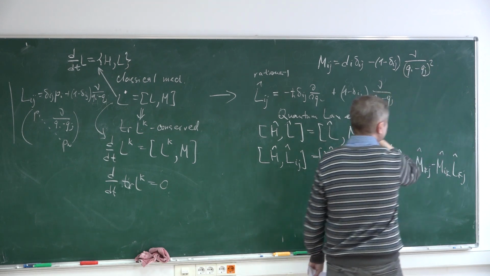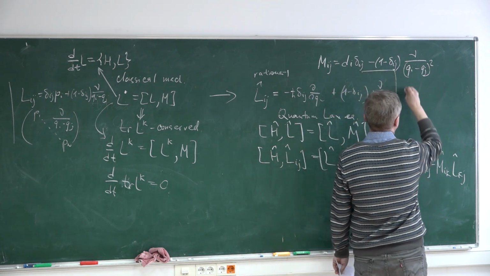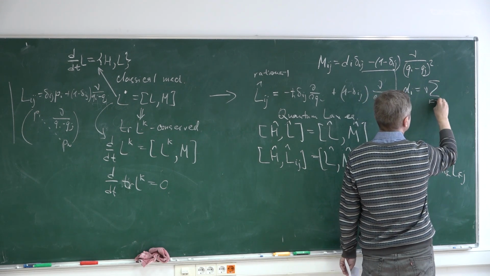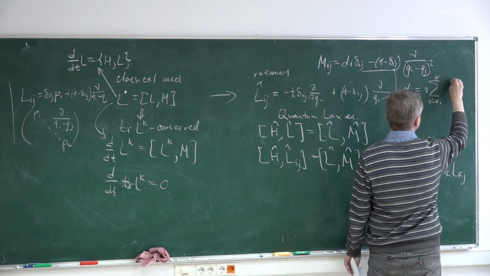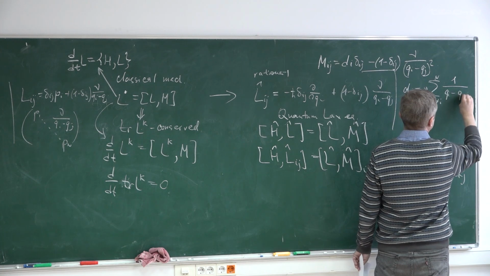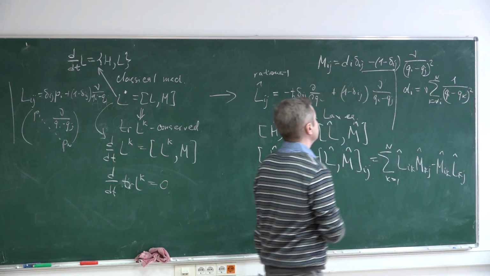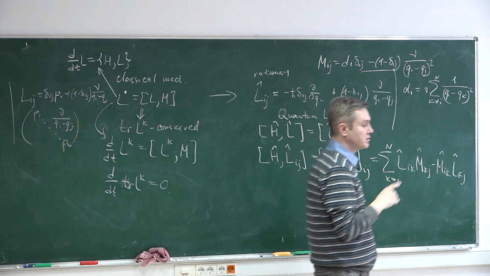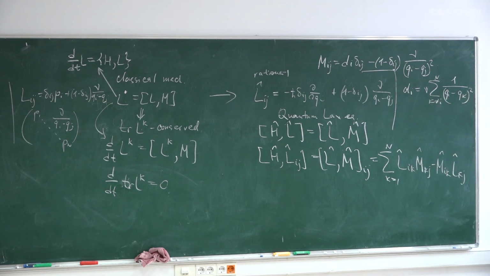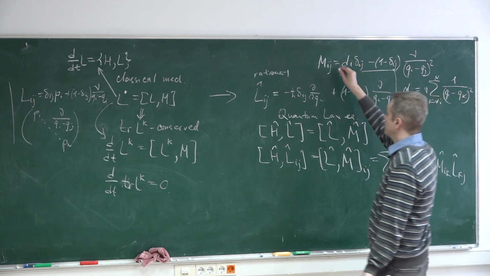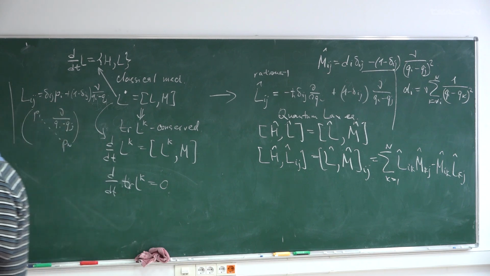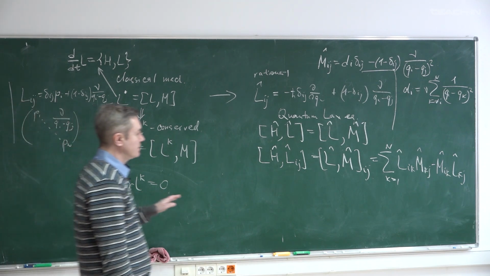So this is a formula for this M matrix, where d_i is defined as before. This is the M matrix in the classical case, and it remains just the same in the quantum case. If you put some hat here, it is just the same, because it is independent of momenta, and it keeps the same form.